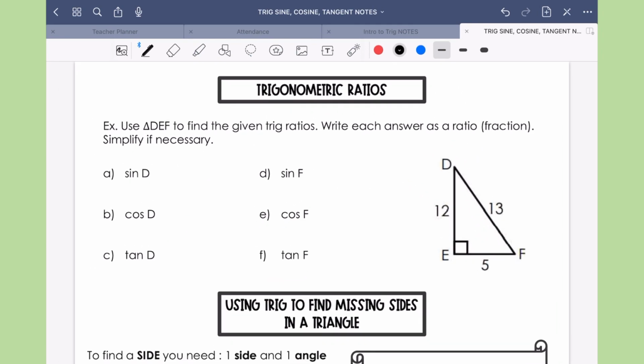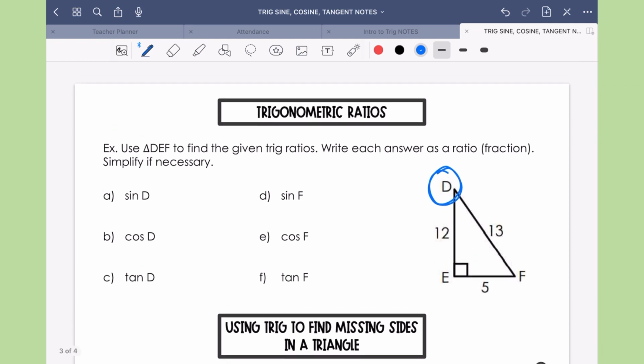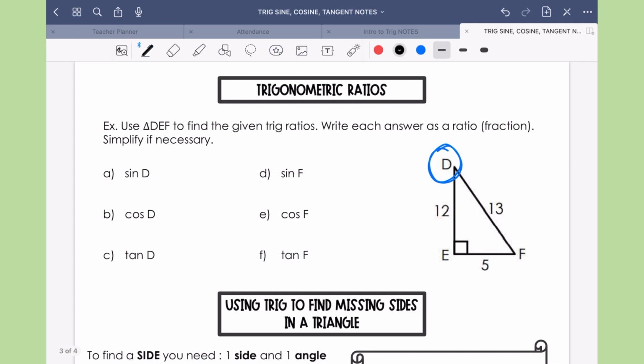Here are these trig ratios. I'm going to start with the sine of D. Let's go to D and circle it. I'm going to write my SOHCAHTOA up here so that I don't forget it, so we know which sides to use.